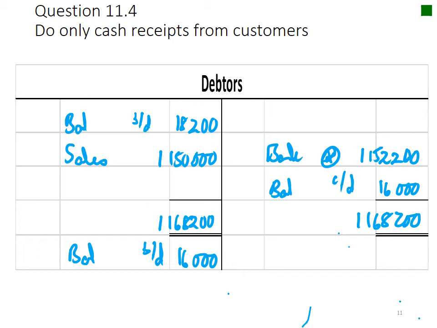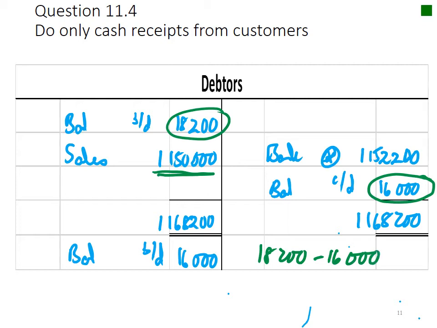And you will notice that it's actually the sales amount plus the difference between the 18,200 and the 16,000. Okay, so that means clients paid us the difference between the two. 18,200 minus the 16,000 gives you 2,200.